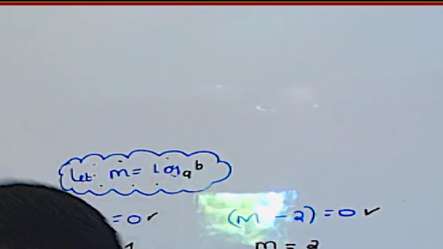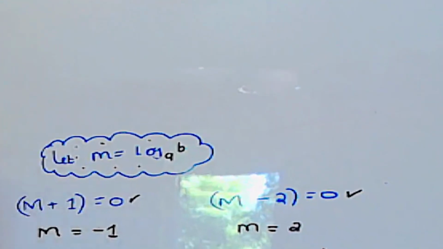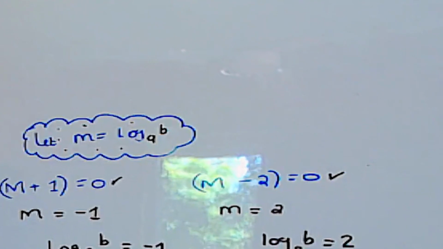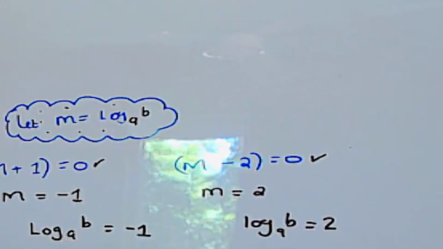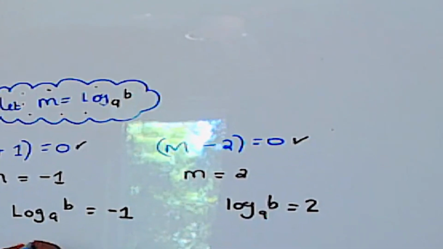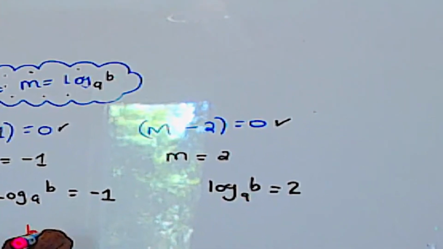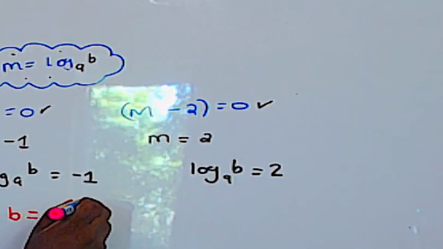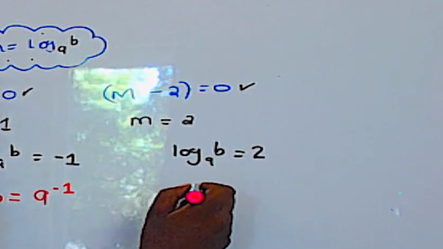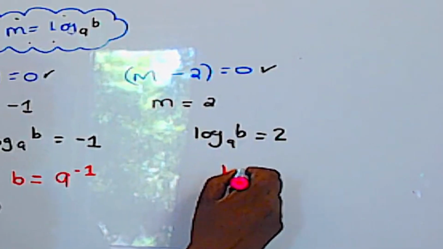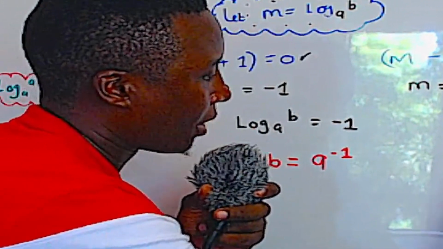So we can write this equation in index notation, and in index notation it is going to be b equals a raised to negative 1, and this one is going to be b equals a raised to power 2.